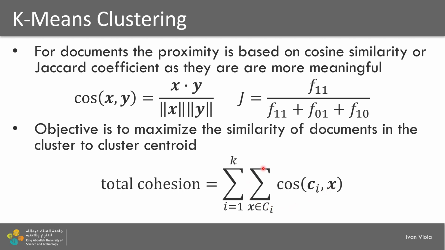And this cosine similarity is then further summed up over all clusters, and it forms a measure which is not called sum of squared errors, but total cohesion. And we want to maximize the total cohesion in order to find the best clustering for our given data.